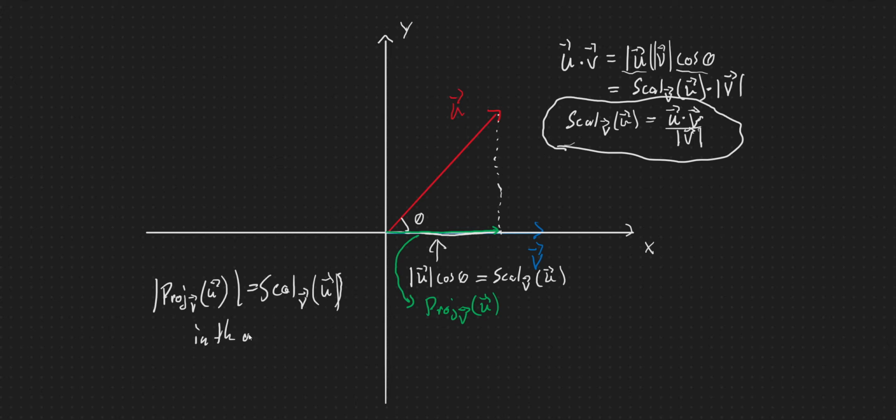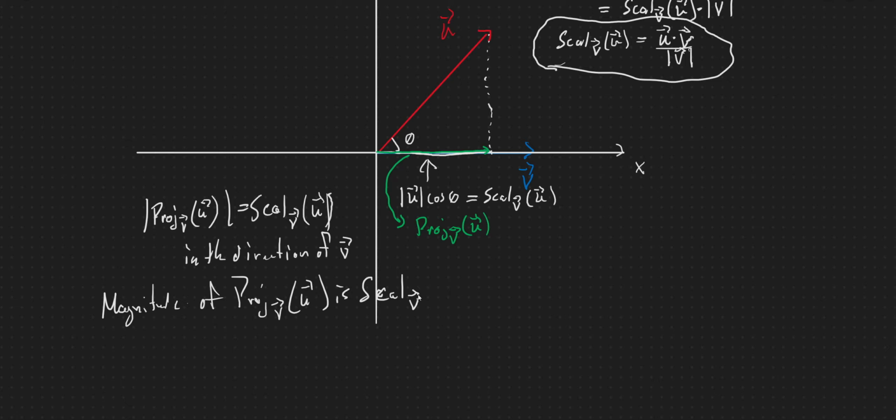So what I mean by that is, how do I obtain this vector projection of u onto v, knowing its magnitude? So we have the magnitude: the magnitude of the projection of u onto v is the scalar projection, which we have an expression for already, right? That's u dot v over magnitude v.